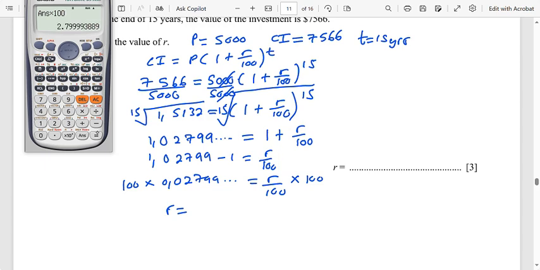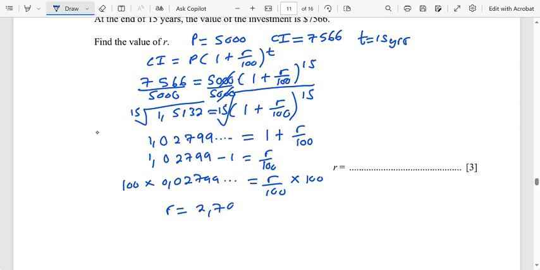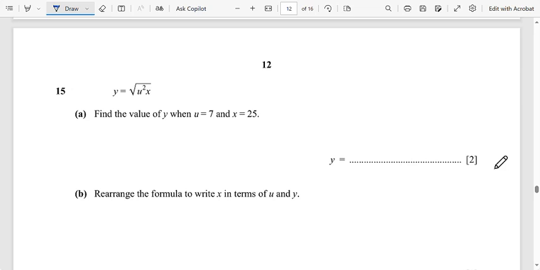We get 2.799... So to 3SF, that's 1, 2, 3, but the 9 changes to 10 and affects 7. So we only have 2.8.